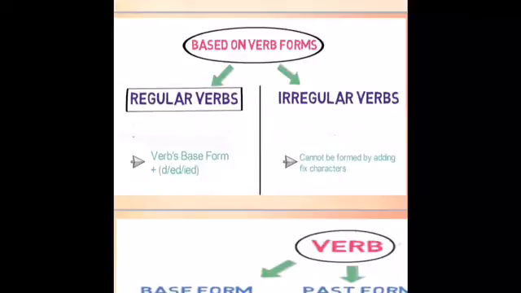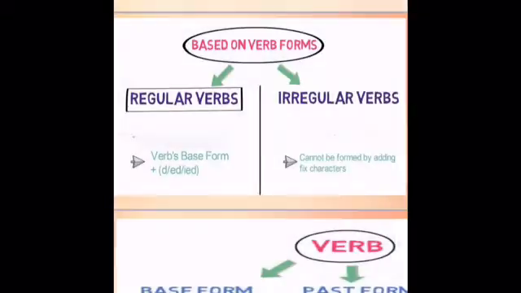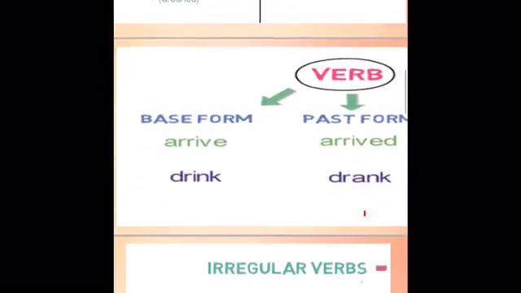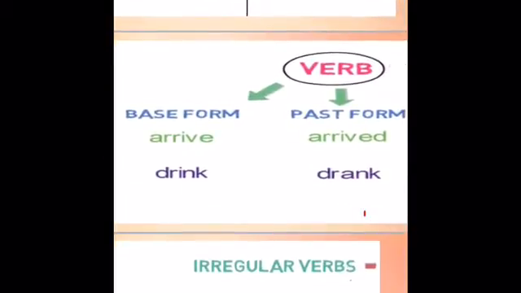Okay, so now I'm going to show you the rules for irregular verbs. Irregular verbs, guys, cannot be formed by adding fixed characters. What does that mean? I'm going to show you an example. Here it is. Base form and the past form for each verb.